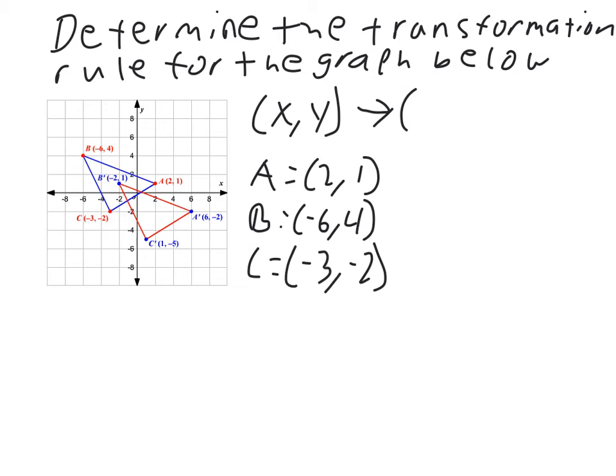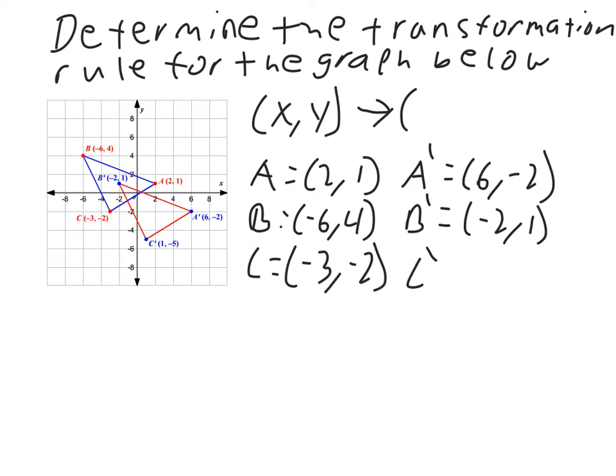And then our translated triangle, our image, is A prime, which is the point (6, -2), B prime, which is (-2, 1), and C prime, which is (1, -5).